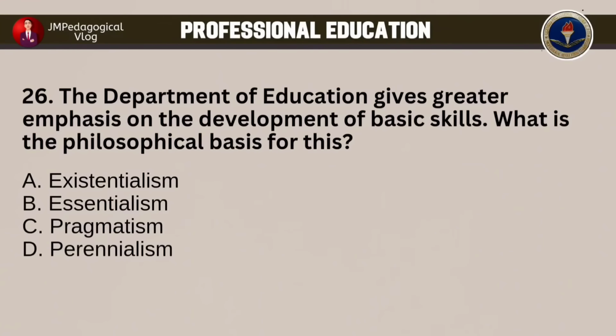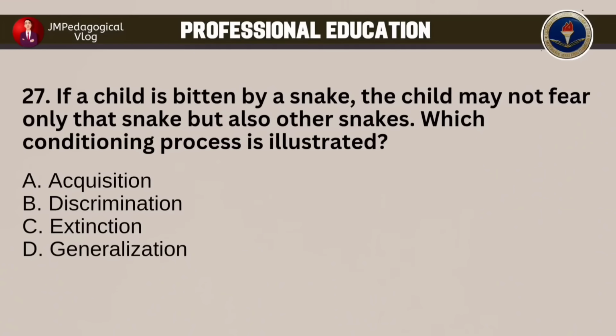26. The Department of Education gives greater emphasis on the development of basic skills. What is the philosophical basis for this? A. Existentialism. B. Essentialism. C. Pragmatism. D. Perennialism. B. Essentialism. 27.